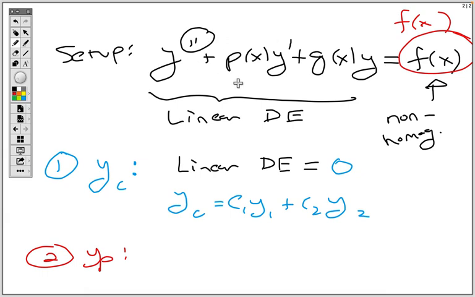Depending upon what the diffie-q looked like and what the non-homogeneous piece looked like, sometimes we could do undetermined coefficients. If we had a constant coefficient equation and the f of x was built up of exponentials, sines, cosines, and polynomials, we could do undetermined coefficients.